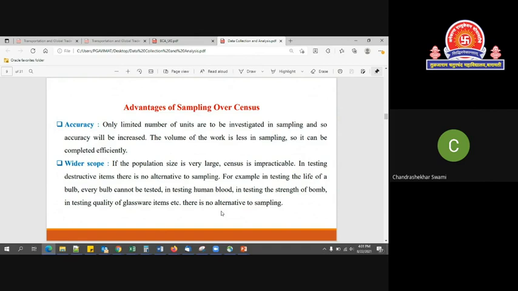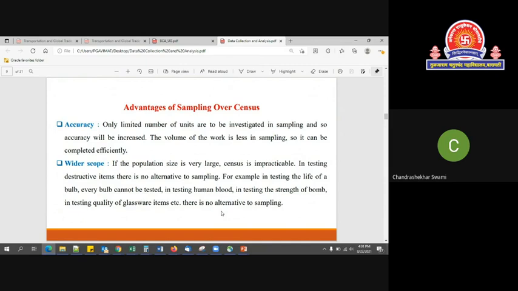Or they may ignore things and regenerate the data by themselves. If you investigate only a limited number of units in sampling, accuracy will be increased.